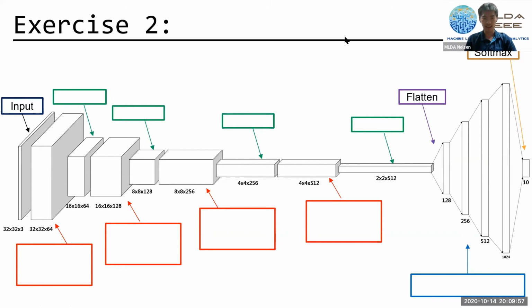Anyway, let's start with the second exercise. This should be fast, maybe around 1 or 2 minutes. What are the names of the layers in the red, green, and blue boxes, in order?